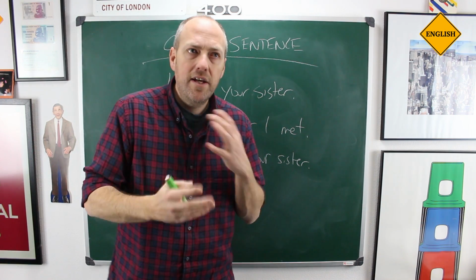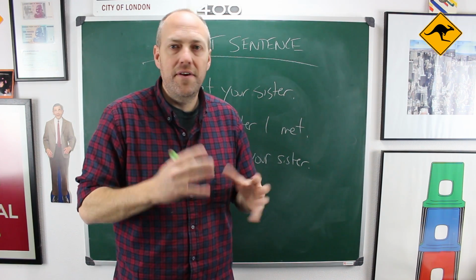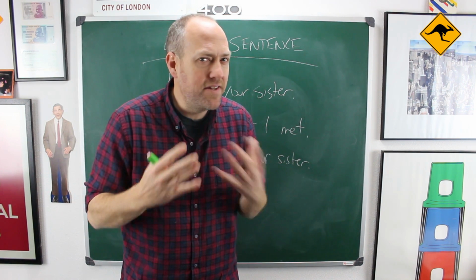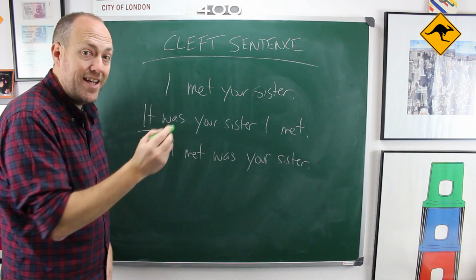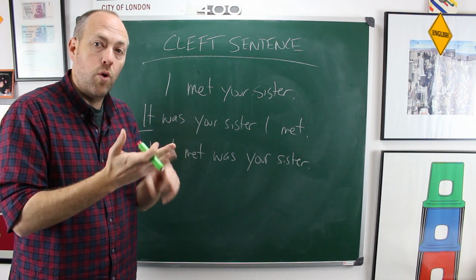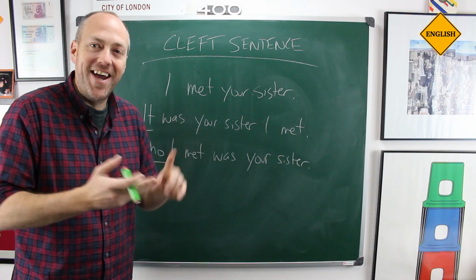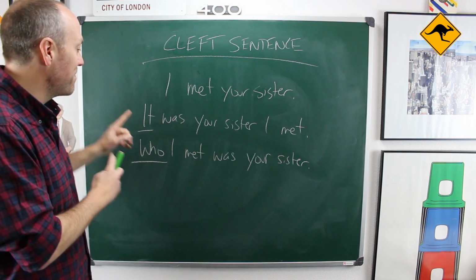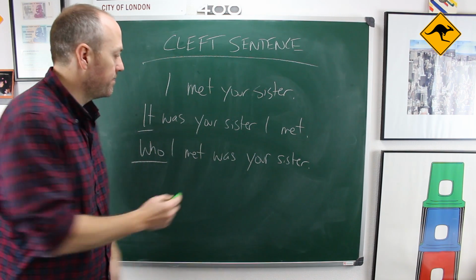But we can change the structure to highlight the mistake, the misunderstanding. And we can do this using it or the what words, who, why, when, where, etc. Okay? So, it was your sister I met.